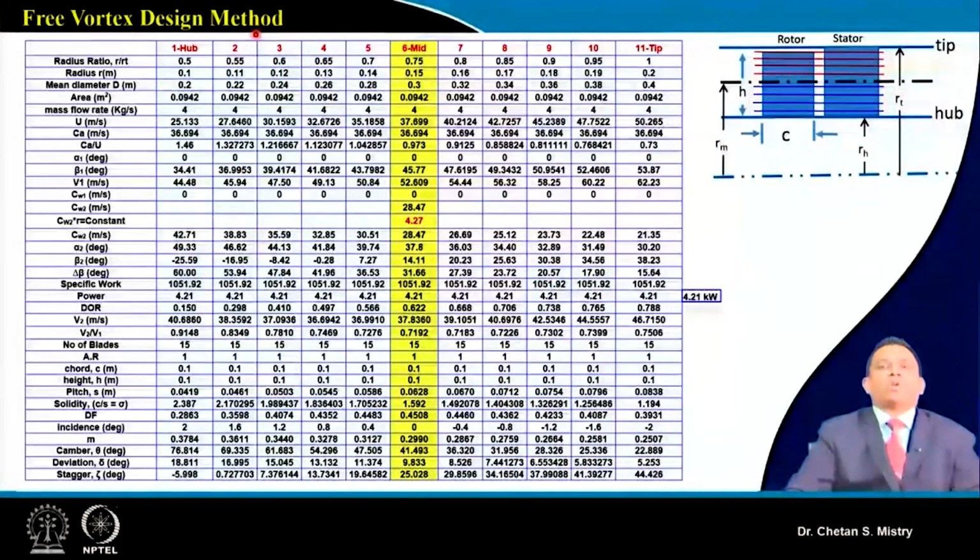For high aspect ratio blades, it is preferred to go with 30 stations. Here we have divided into 0.01 radial steps, so it is 0.1, 0.11, 0.12, likewise up to 0.2.